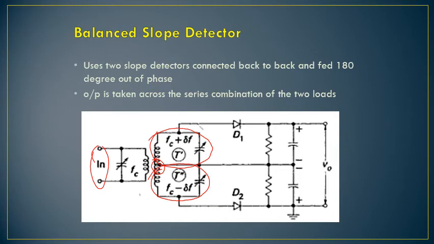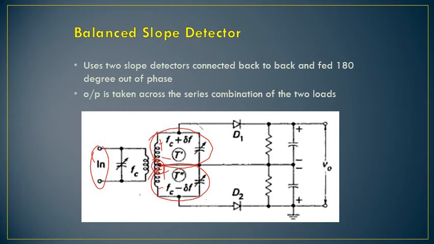Okay, the one thing that you need to remember here is, because here we have used a center tap, whatever input going to or whatever voltage going to diode D1 and diode D2, they are 180-degree out of phase. So as we know here, when we use a center tap, this particular terminal will become positive, this will become negative, this terminal will become positive, and this terminal will become negative.